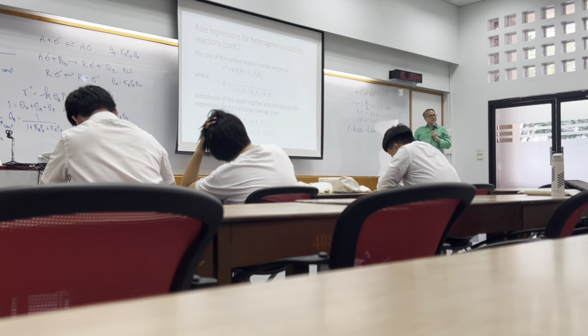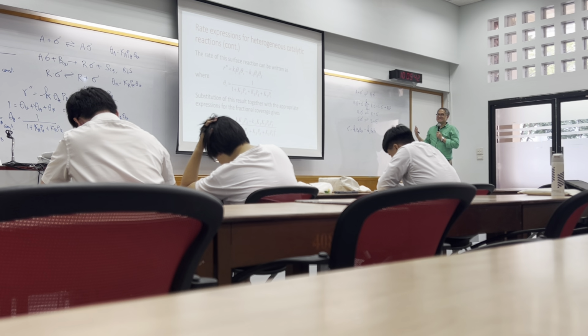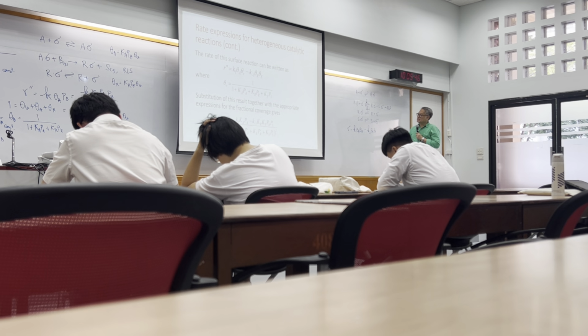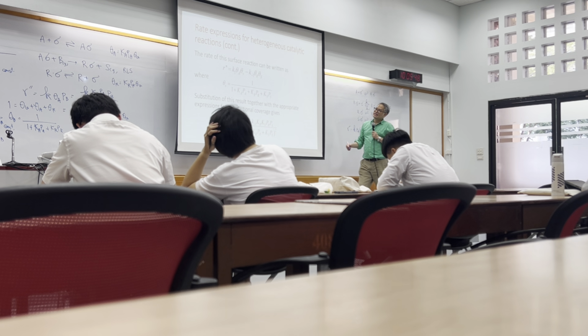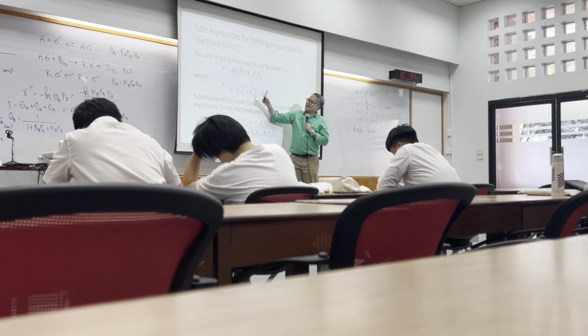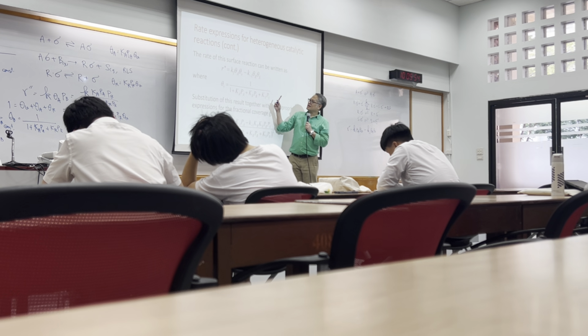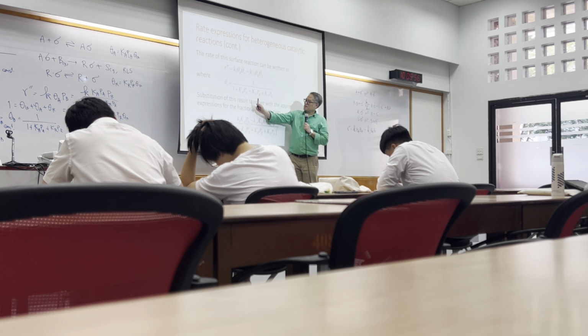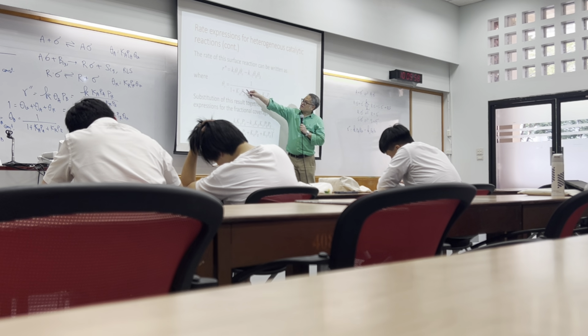Then you can write down the same thing. Do the site balance, and then you get theta V, which has A on the surface, R on the surface, S on the surface. And you plug theta V in, and you get something like this.